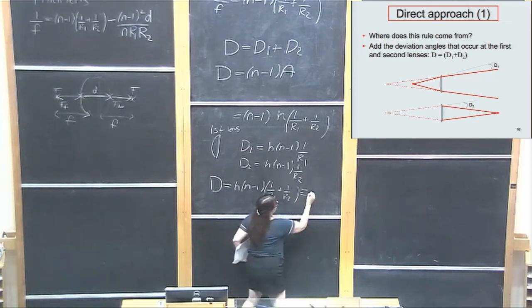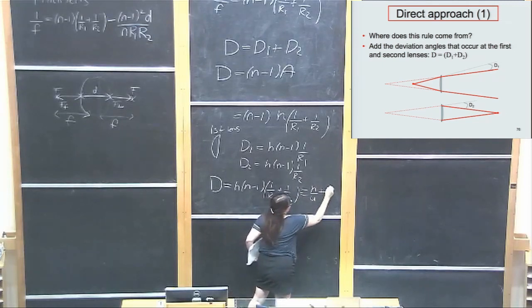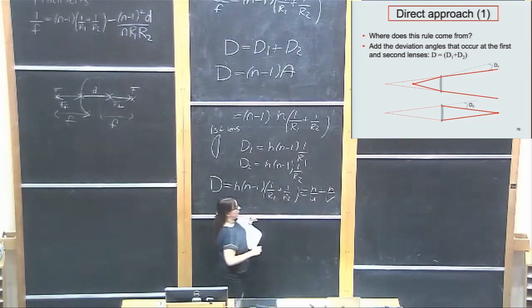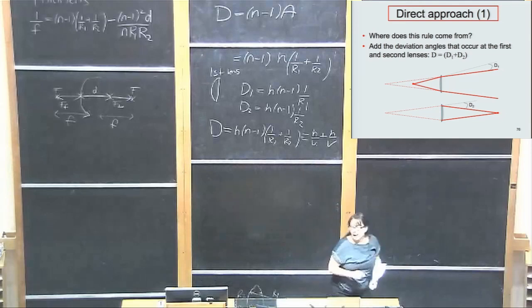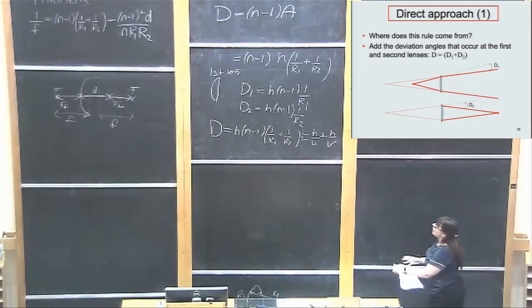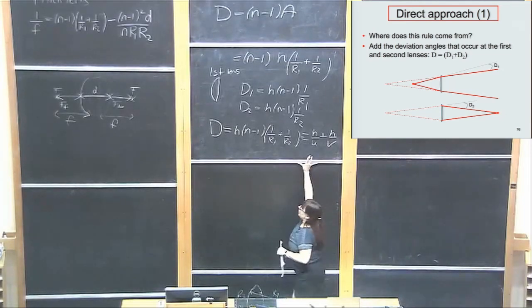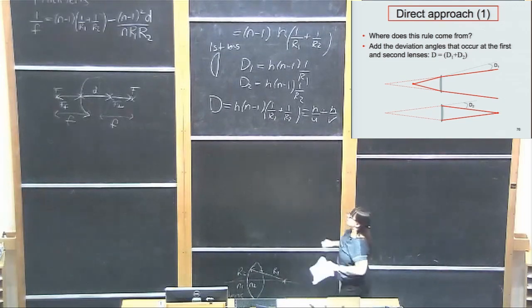That was also equal to h over u plus h over v, but you might have to pop back to yesterday's lecture to remind yourself where that came from. But anyway, you can see that what we've done is recover the normal two curved surfaces lens equation.